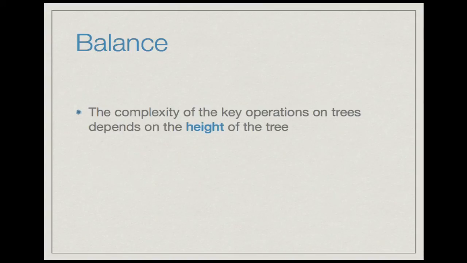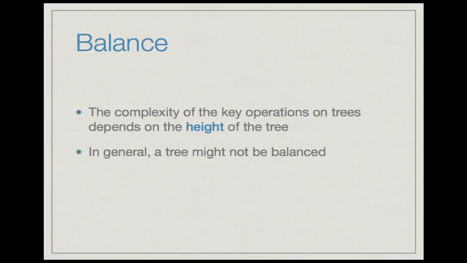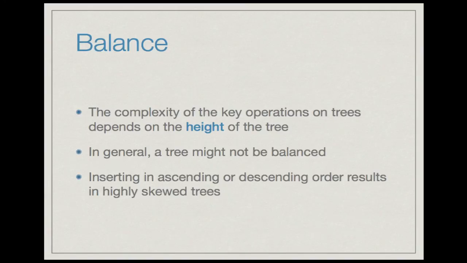On the other hand, the binary search tree data structure supports insert, search, and delete in time proportional to the height of the tree. But in general, a tree might not be balanced. For instance, inserting elements in ascending or descending order results in highly skewed trees.